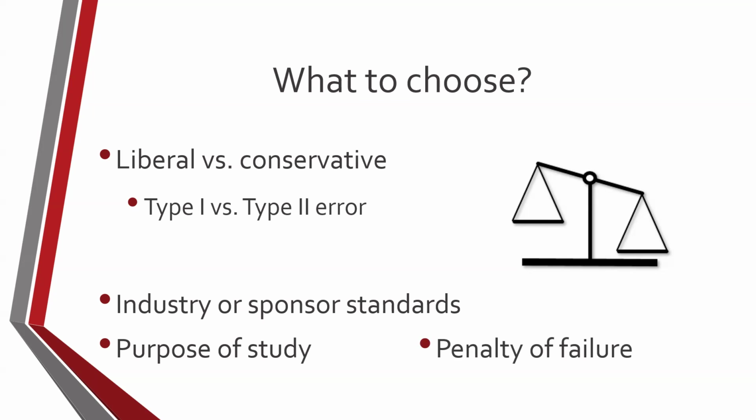Finally, you consider the penalty of failure of the treatments. So for example, the failure of a crop protection product will likely have a real impact on yield. And so an alpha level of 5% is very common.